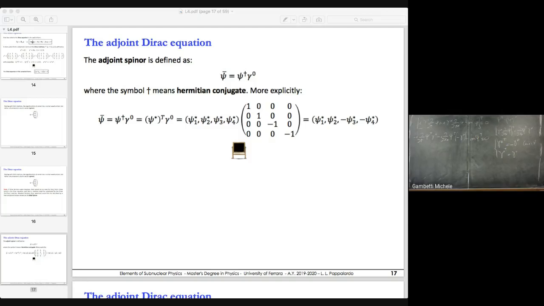And this we can write in a better way. Of course, we also change sign here, so this we can write in an equivalent way as i ∂_t ψ† γ^0 minus i ∂_k ψ† γ^k plus m ψ† equal to 0.